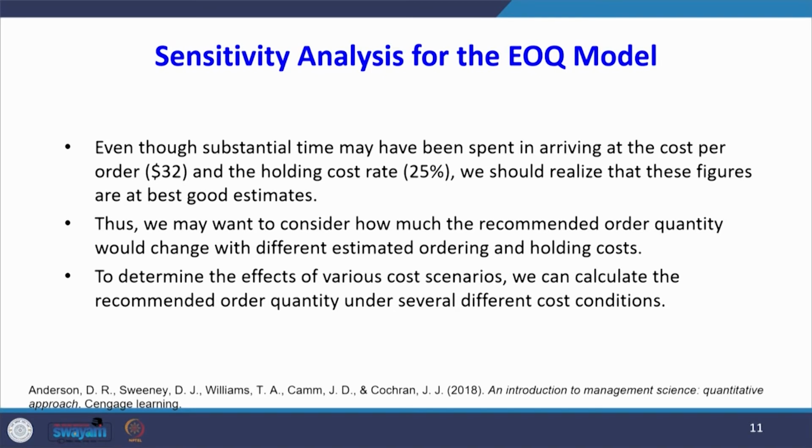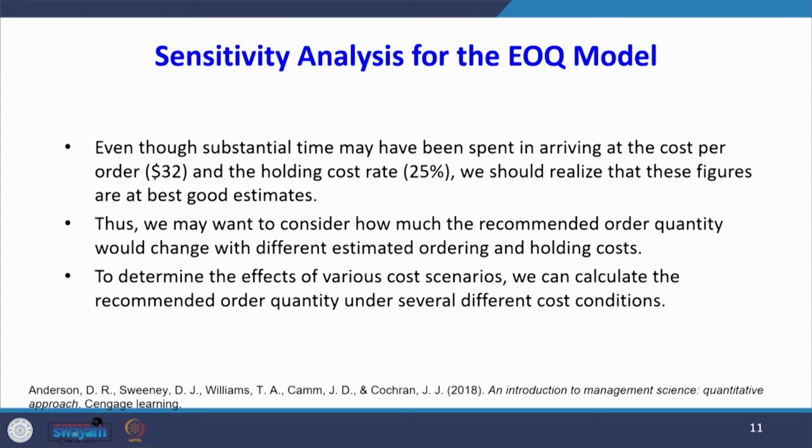Even though substantial time may have been spent in arriving at the cost per order, which is $32, that is the ordering cost, and the holding cost rate is 25% of the unit cost, we should realize that these figures are at best good estimates. That means there is a chance for variability. Thus, we may want to consider how much the recommended order quantity EOQ would change with different estimated ordering and holding costs.